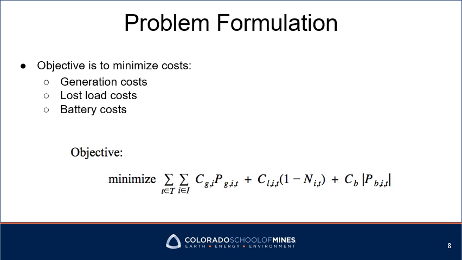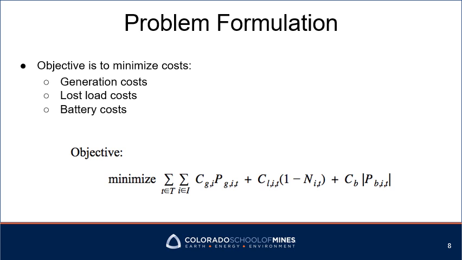And this is our objective function for the optimization problem. The objective was to minimize all of the costs, the generation costs and battery costs, which were given, and then we converted the lost load penalty into a monetary value, a cost, using the cost function. I'll note that this objective function is mostly linear.